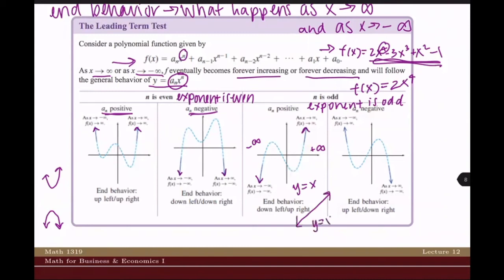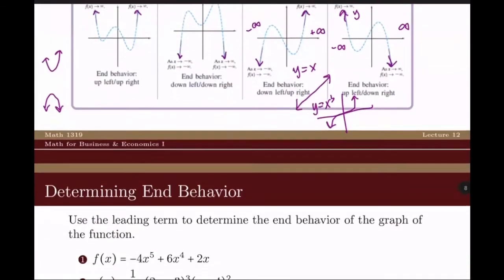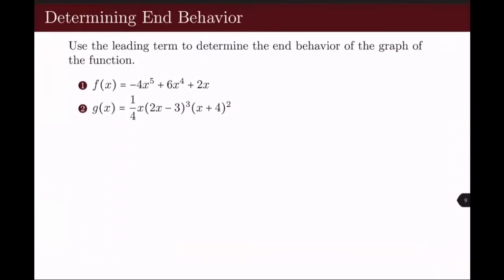Or y equals x cubed, which was this function here, if on a plane. And then here, if your leading coefficient is negative, then your roles are reversed. So as x goes to negative infinity, your y is going to positive infinity. And as x goes to positive infinity, your y goes to negative infinity.